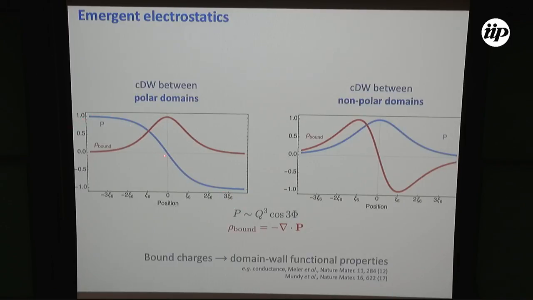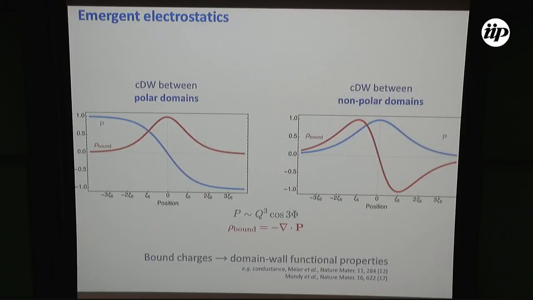It goes to 0 at the domain wall, but since the system is uniaxial, as a result of this dependence, there appears in general a bound charge localized at the domain wall, and then since the system is a semiconductor, this produces an enhancement of the local conductance at the domain wall.